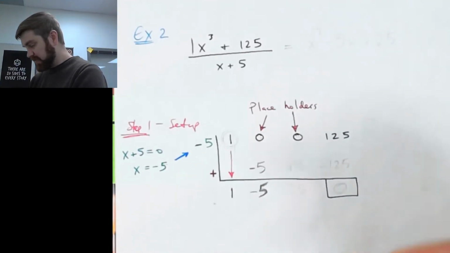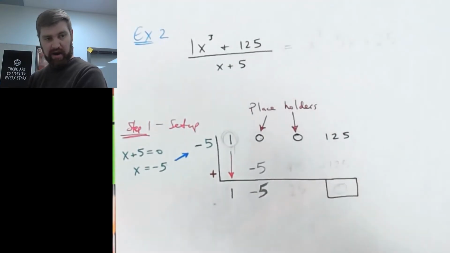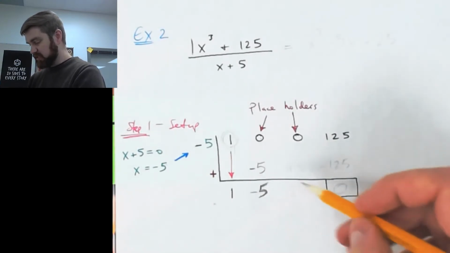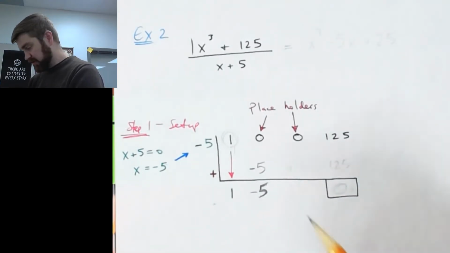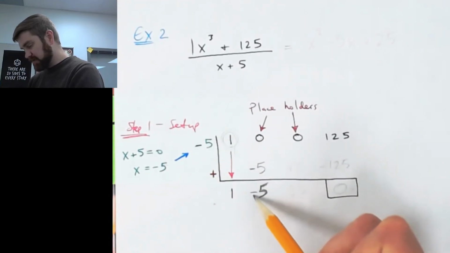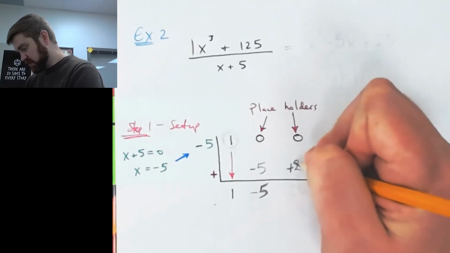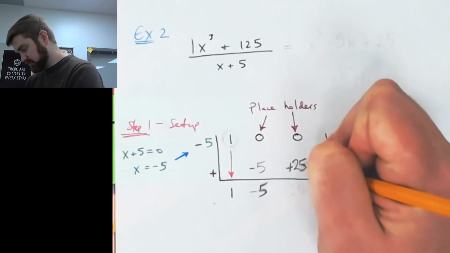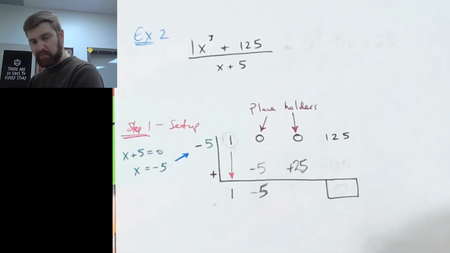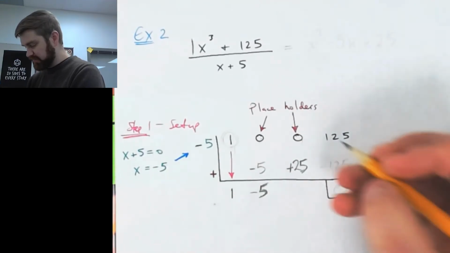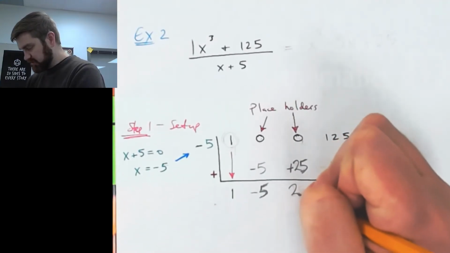Then I continue the process. I'm going to go around and around those two steps until I get all the way to the remainder. So minus 5 times negative 5 is a positive 25. Then 0 plus 25 is 25.